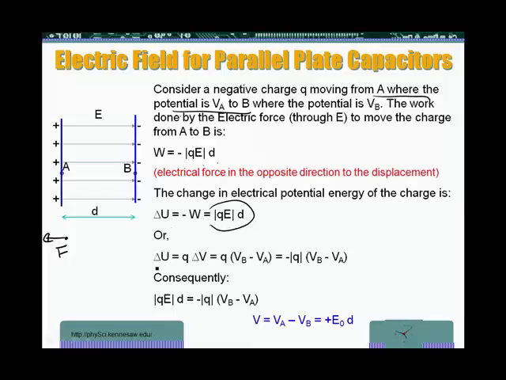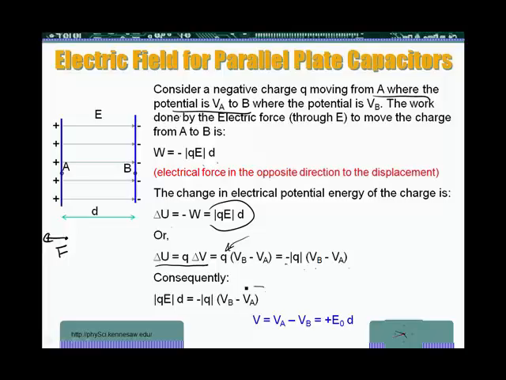And writing the same thing, that the change in electrical potential energy is Q times the change in voltage, we get this. However, here Q is negative. Okay, remembering that, since Q is negative, this is effectively minus the absolute value of Q times VB minus VA.